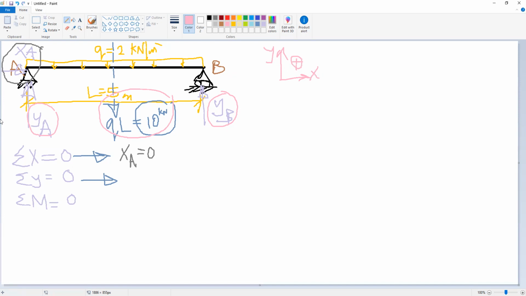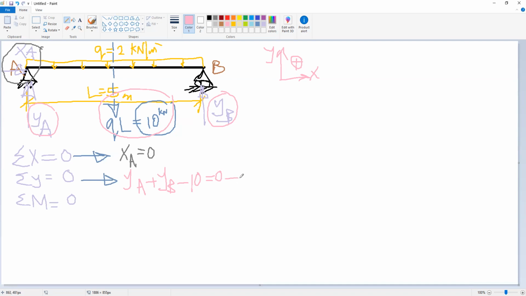Okay, so YA going upward, so we have YA plus YB going upward. Okay, and the 10 kilonewton going downward, so negative 10 should be 0.